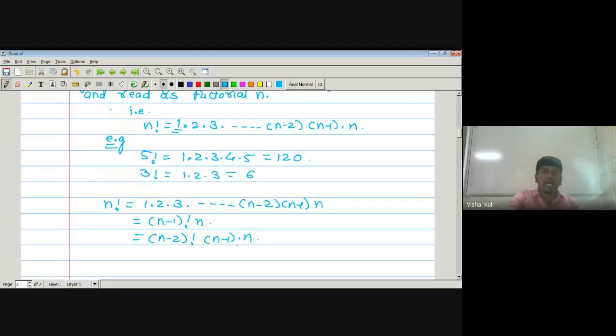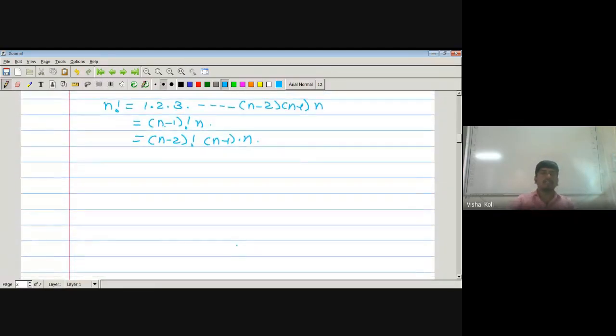Suppose r and n are any two positive integers with r less than n.